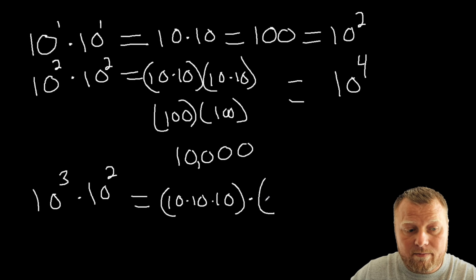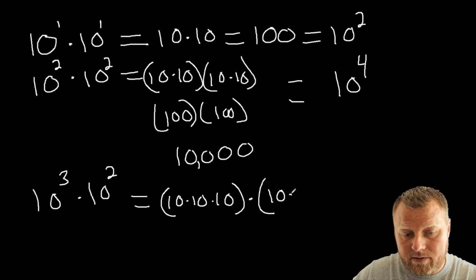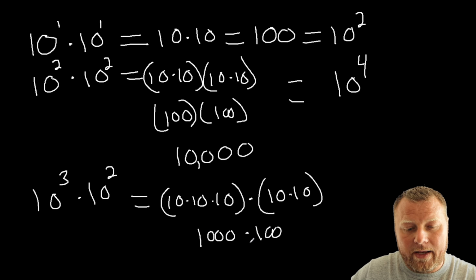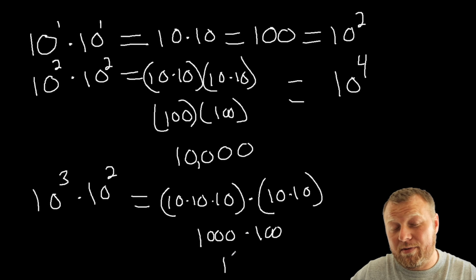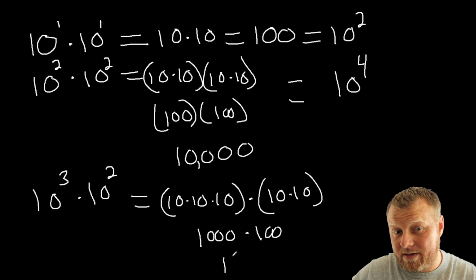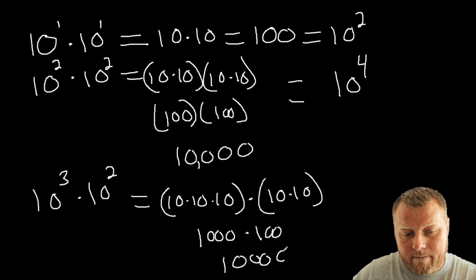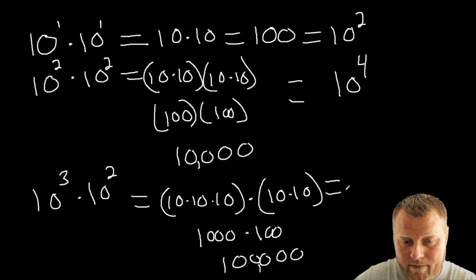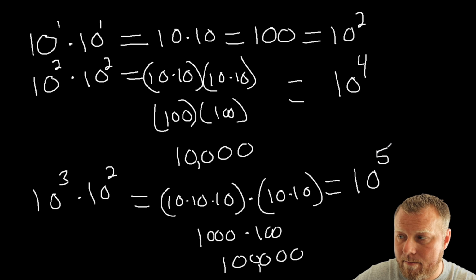We're going to multiply that 1,000 by 10 times 10, which is, we all know, 100. So this would be 1,000 times 100, which would equal, you add 2 more zeros, because that's how multiplication by tens works. You just add up the zeros. So 1, 2, 3. So we have 100,000, or 10 to the fifth power.